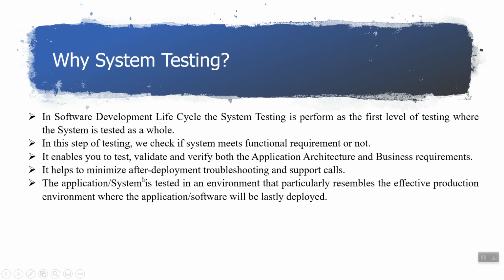It helps to minimize after-deployment troubleshooting and support calls, as we are testing the whole system. In system testing, the application or system is tested in an environment that closely resembles the production environment where the application or software will finally be deployed.